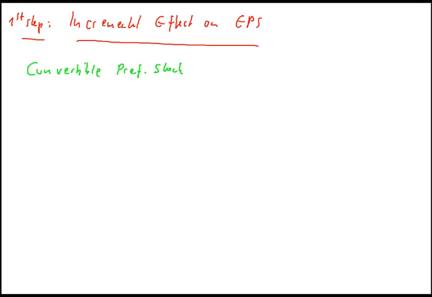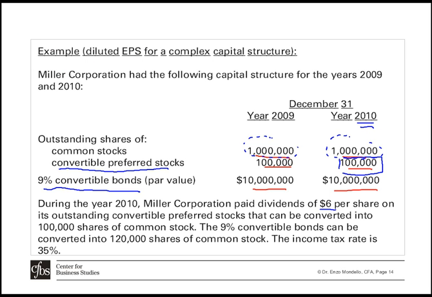Well, if the convertible preferred stock is dilutive, then we have to assume conversion at the beginning of the period, applying the if conversion method. So how many shares are given now to the preferred stockholders? Well, we know here 100,000. We know the preferred stock can be converted into 100,000 shares of common stock.